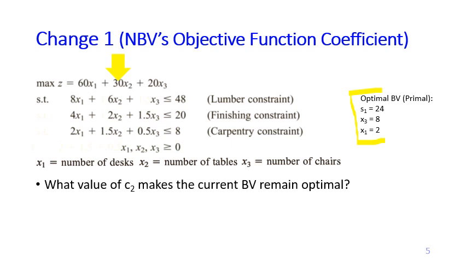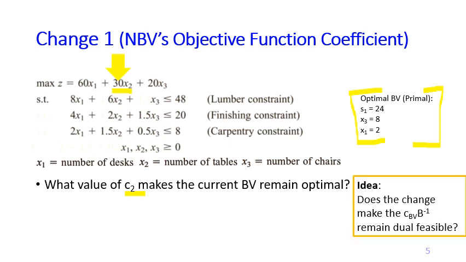So in general, the question is what value of C2? C2 is the cost coefficient of x2. What value of C2 makes the current basic variables remain optimal? In other words, what is the price of table such that this set of basic variables is still optimal?